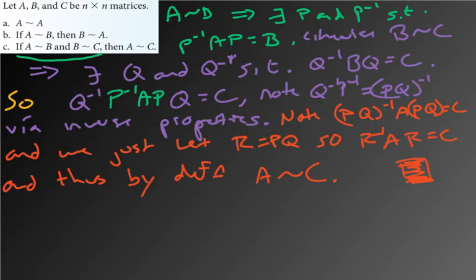So these are good examples to show the structure of how we use the definition of similar. We haven't used diagonalizable, just similar. The only difference with diagonalizable is that the C here would be a diagonal matrix, instead of just an arbitrary one that's not necessarily diagonal. So diagonalizable is a more special version of this.